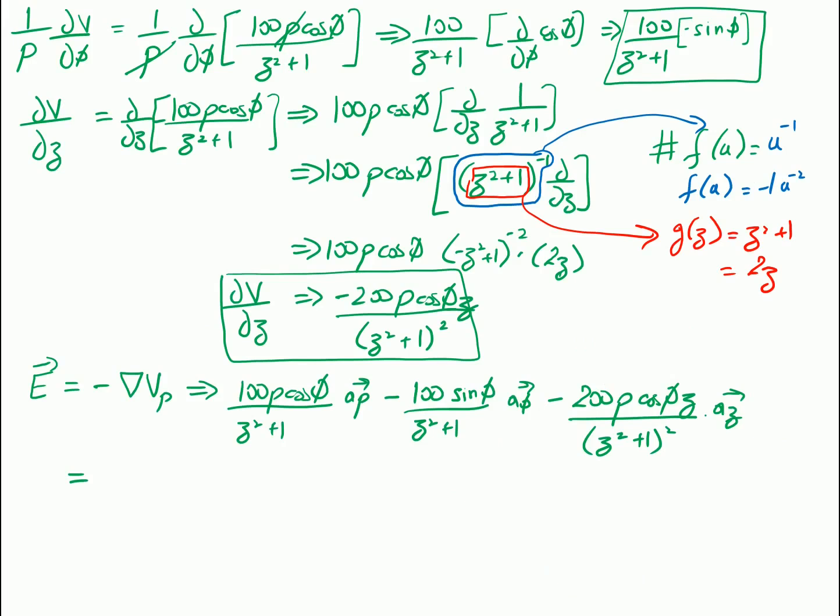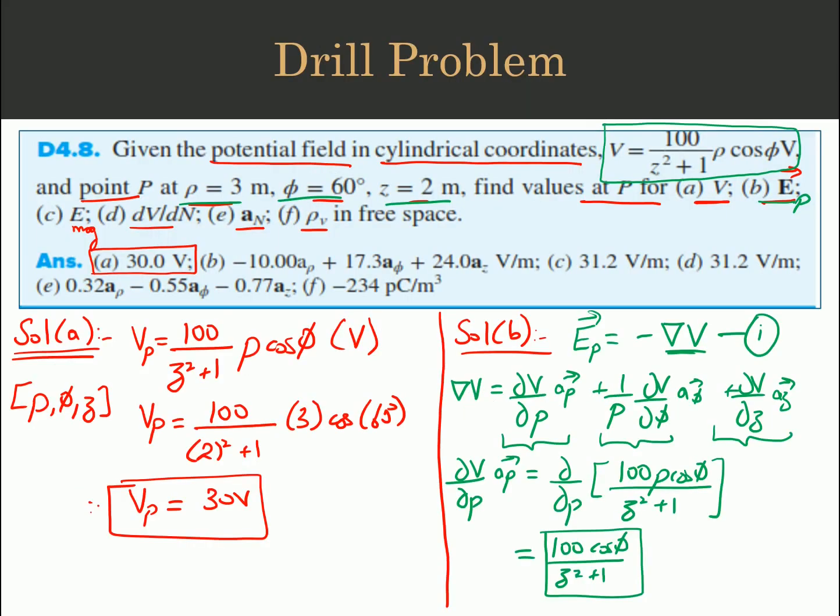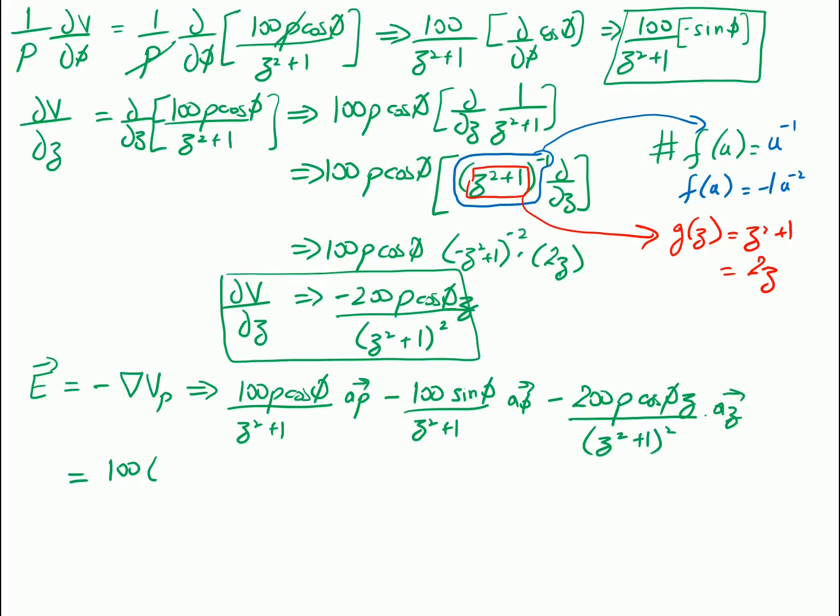So at P, if I incorporate everything over here, so this is 100 and rho is 3, and you have, okay, let me check if I'm missing everything. The first answer is not having rho, it is 100 cos phi, so this is wrong, there is no rho over here, it is 100 cos phi, sorry about that.